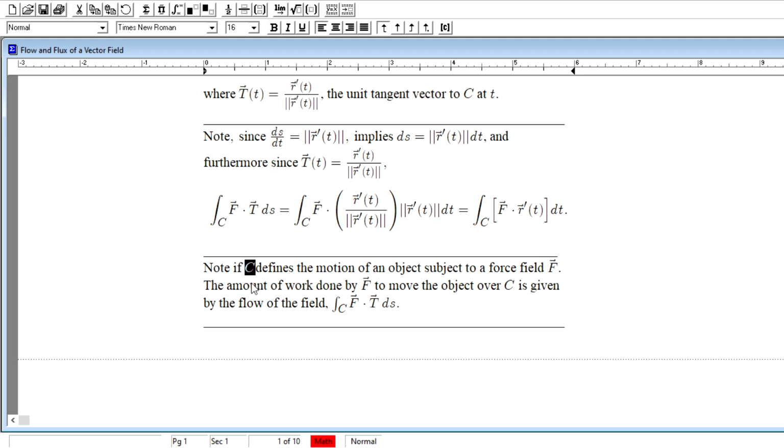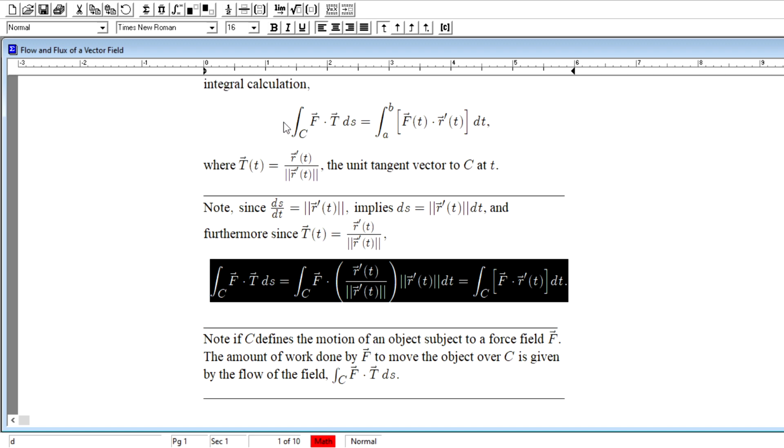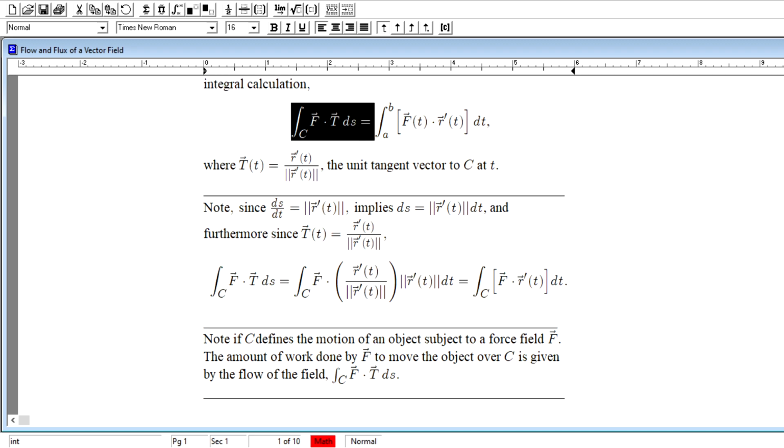If C is describing the location of an object in space at time t, subject to the forces of field f bar, the amount of work done by the field f bar to move that object over that curve or that path described by curve C is given by the flow of the field calculation. It is given by this linear integration that we've defined above.